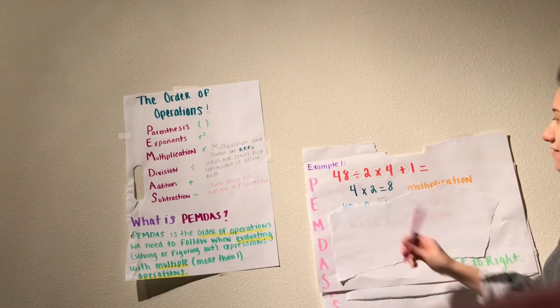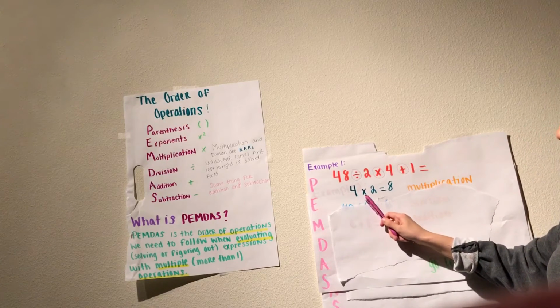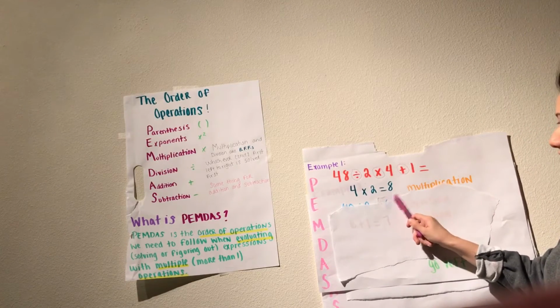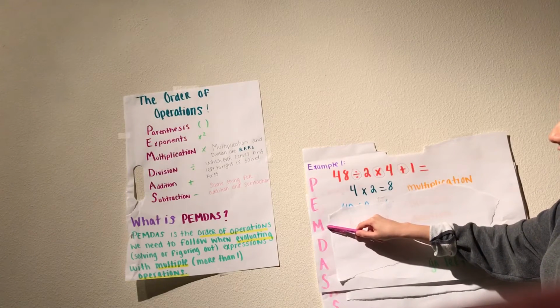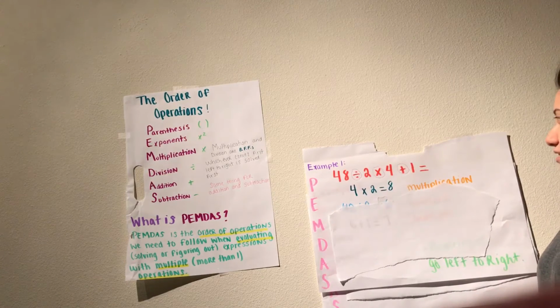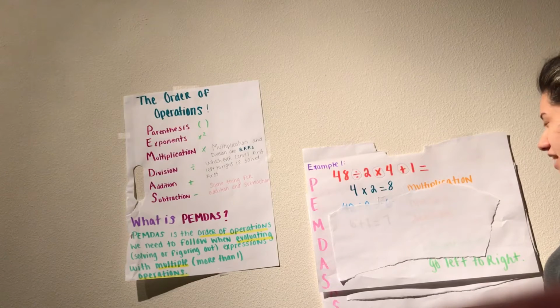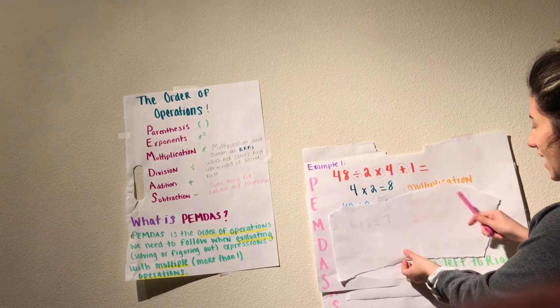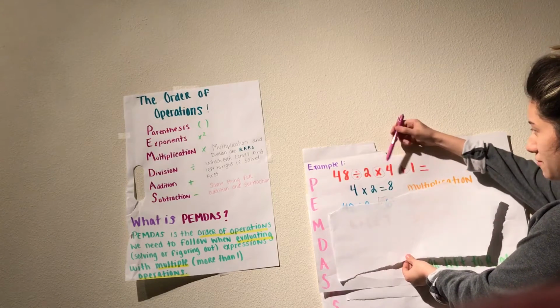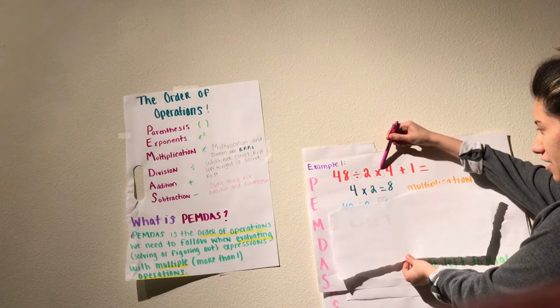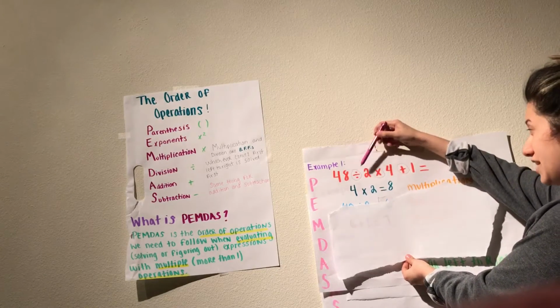Our first step I have is 2 times 5 equals 10, because our multiplication sign is going to come before our division and our addition sign. So then our next step, after we've gotten rid of multiplication, we are going to go along with division next.